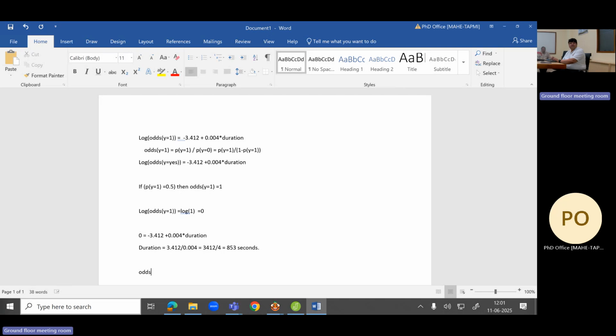The odds of y equal to yes will be equal to, when I send the log to the other side, e to the power of. e is the natural logarithmic constant.